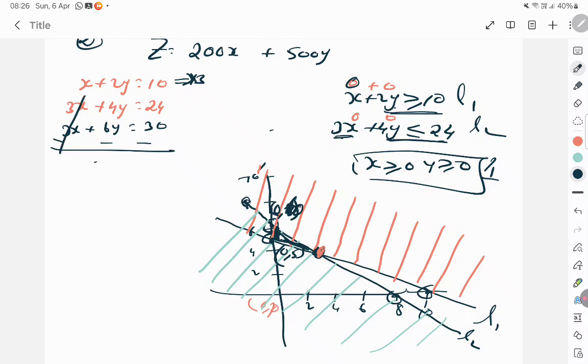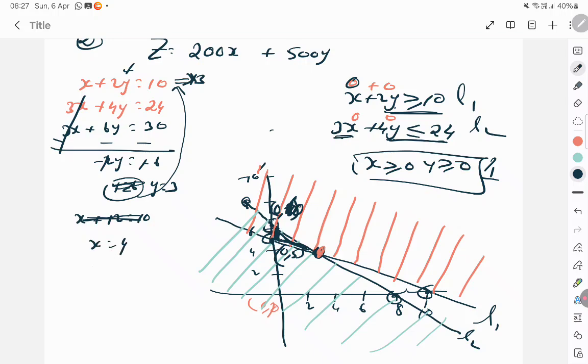Subtract. Minus 2y is equal to minus 6. So y is equal to 3. Substituting there, 3 twos are 6, x is equal to 4. So it's 4, 3 is this point. Is it correct? 4, 3, correct.